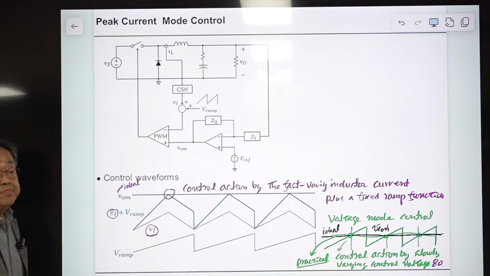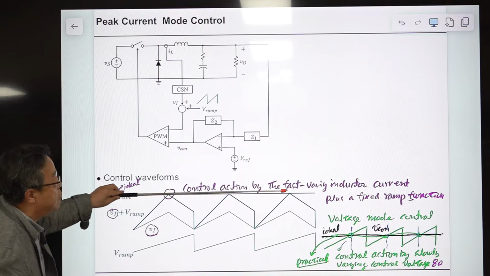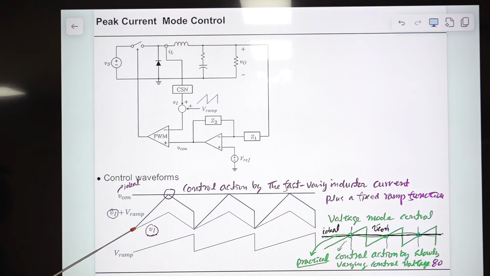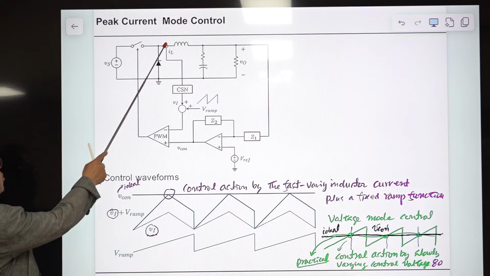But the situation is different. This is the control waveform of peak current mode control. Again, we have a fixed ramp signal, and we have this control voltage here. Assume this is constant. Then this is the V_I, which is derived from the inductor current.